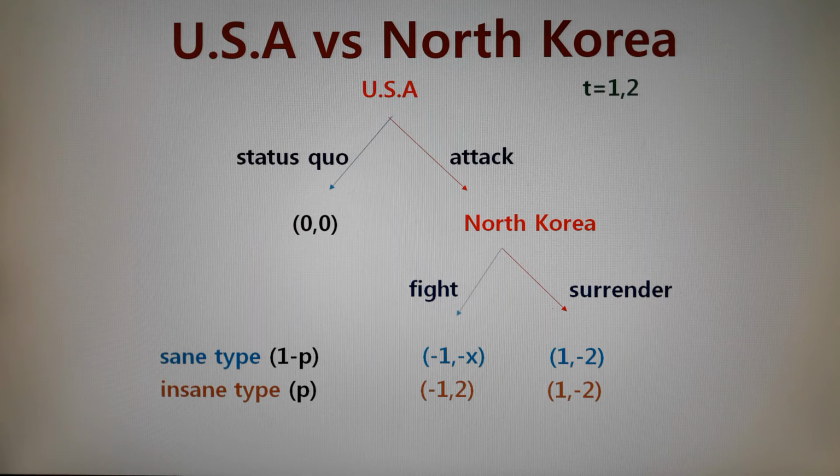Even though time flows from right now to the future, backward induction means you should think about the future first, then right now.